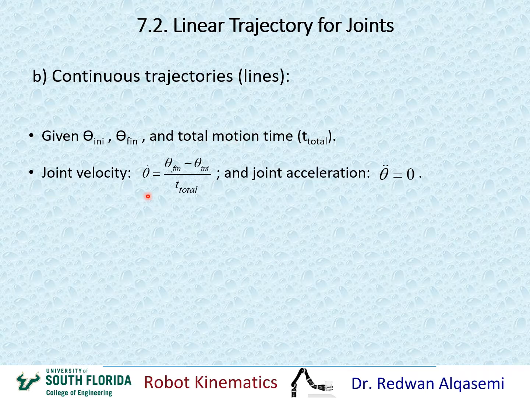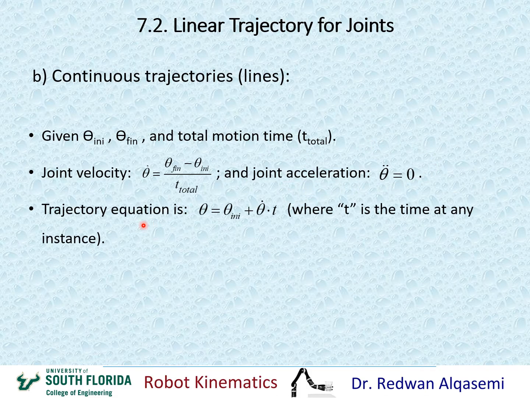Once we have this information, we can find the joint velocity, which is theta dot, which is theta final minus theta initial divided by total time. And in this case, the acceleration will be 0 for the joints. So now we are ready to create the trajectory equation for this joint. In this case, theta equals theta initial plus theta dot times t, where t is the time at any instance.